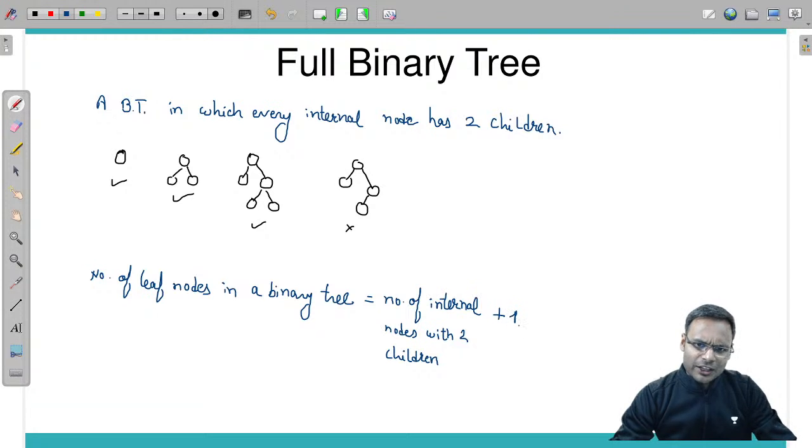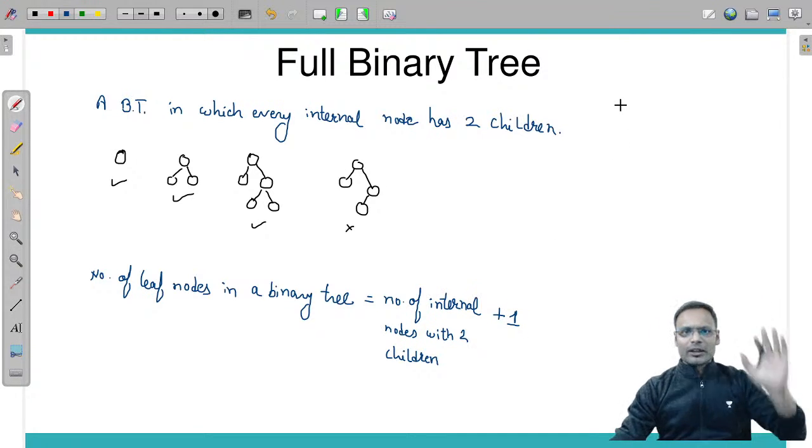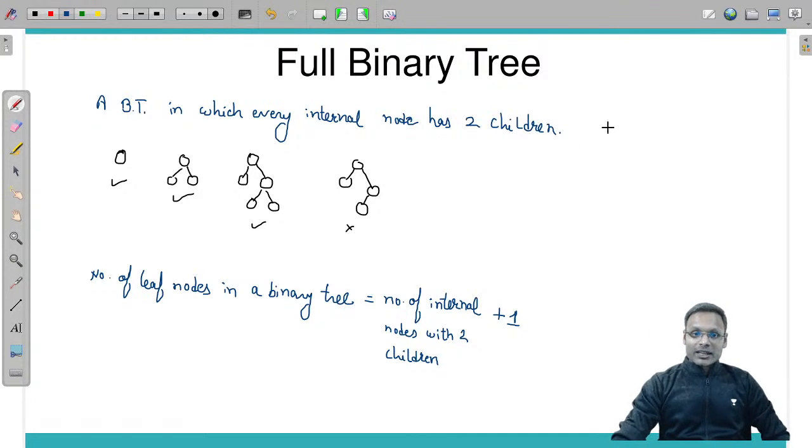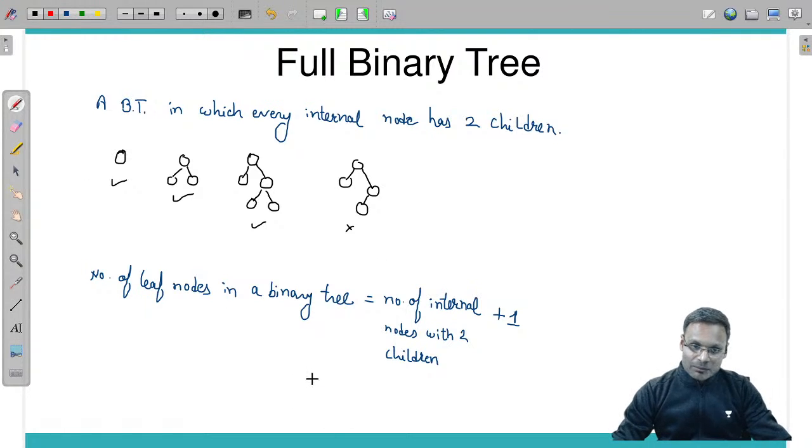This I have explained you in a very elaborative way, how to do this, why it is there. So number of leaf nodes I am denoting by capital L. Number of internal nodes with two children I am denoting with I2 plus 1. Right?